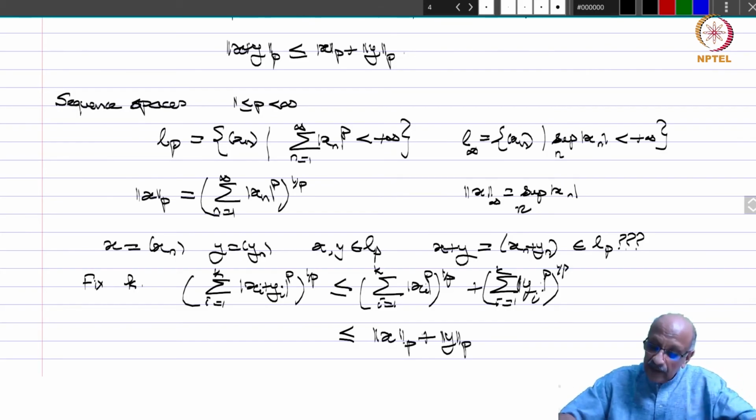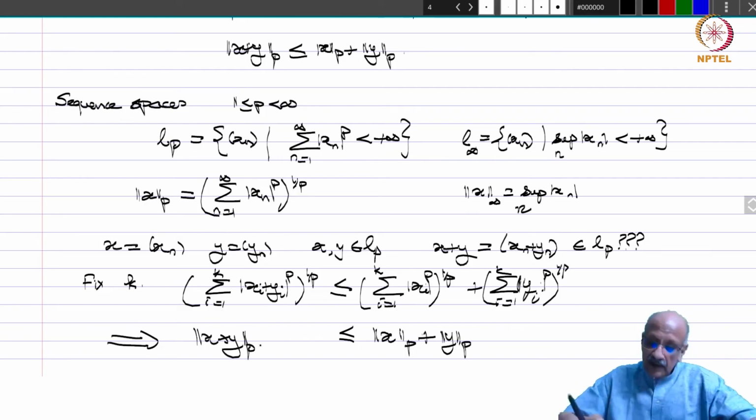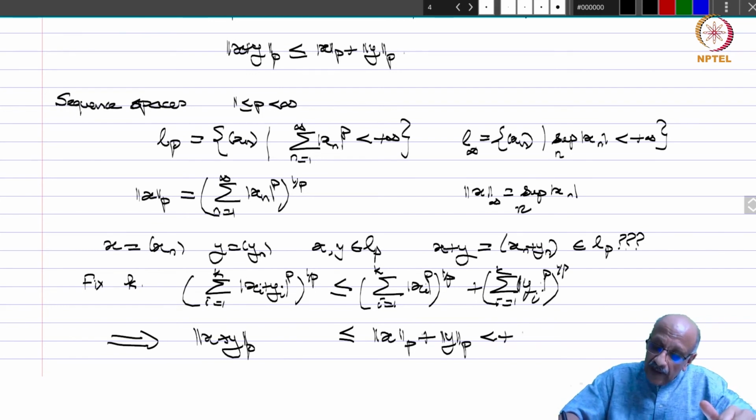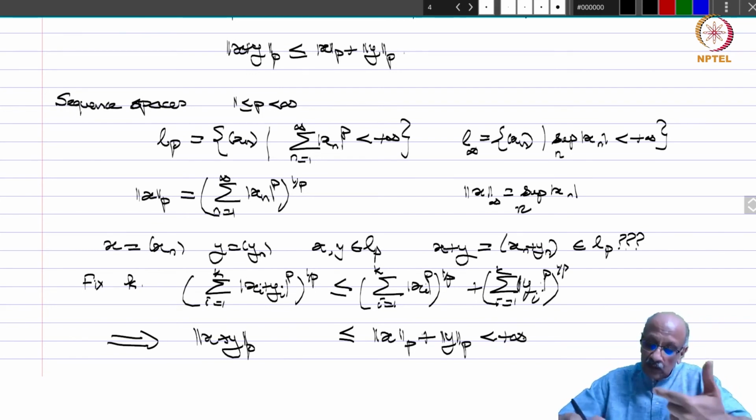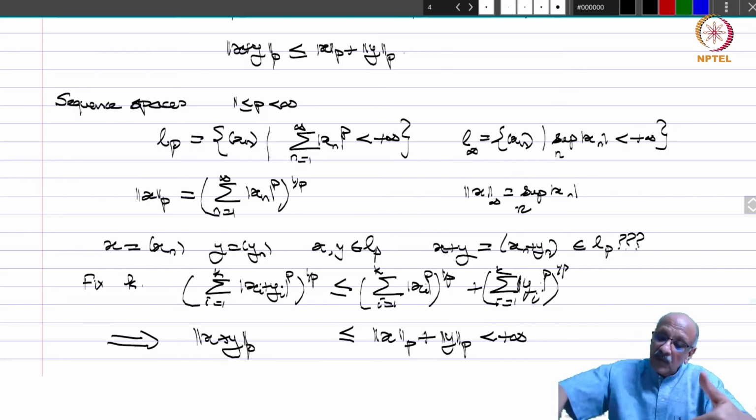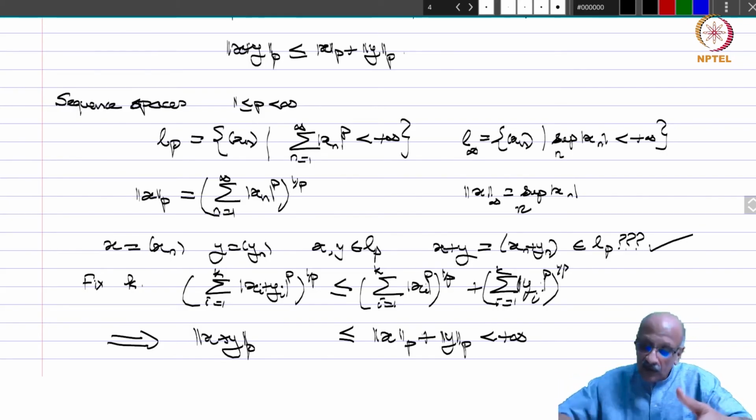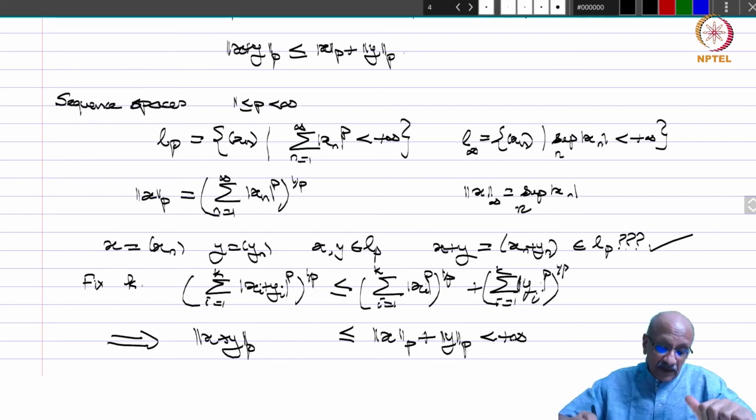The left side is independent of this, and therefore you get that the norm of x plus y in p is less than or equal to ||x||_p plus ||y||_p, which is finite, of course. And therefore, this shows in one step that x plus y is in ℓ^p. So we have proved this, and we have also proved simultaneously the triangle inequality. Therefore, all these sequence spaces are normed linear spaces.